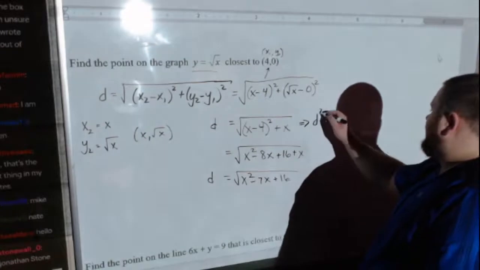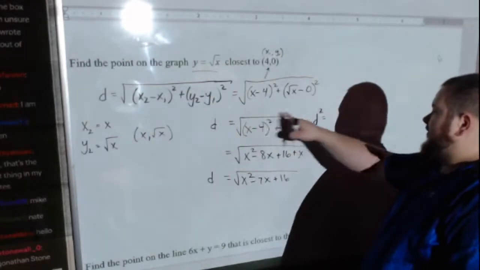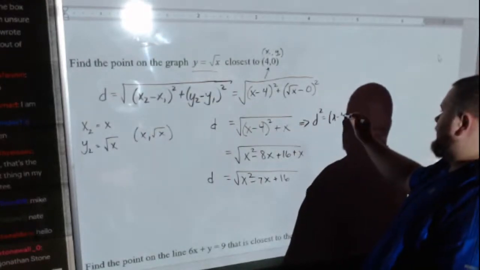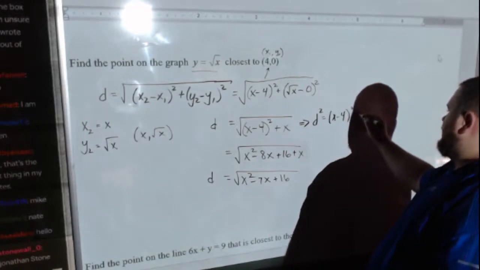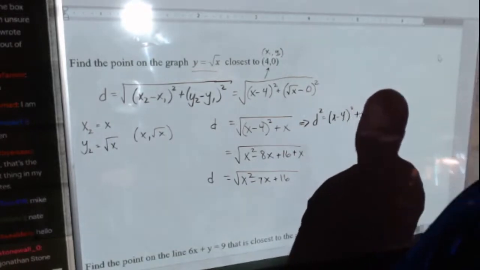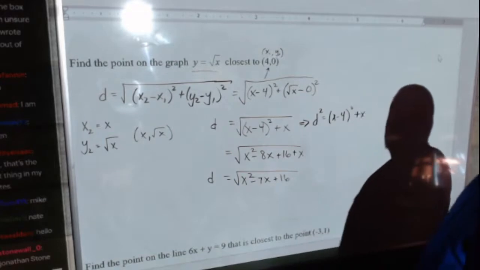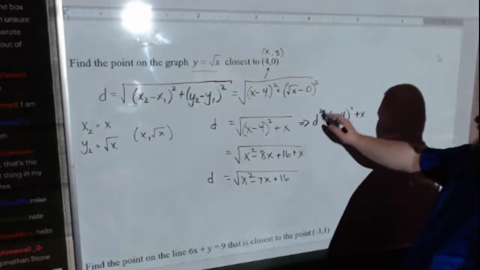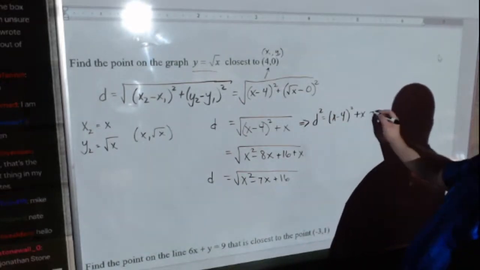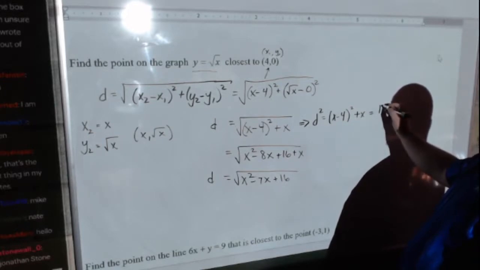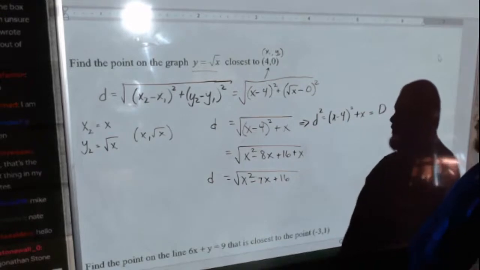So distance squared is just going to get rid of the square root. And then instead of little d squared, let's call it big D.